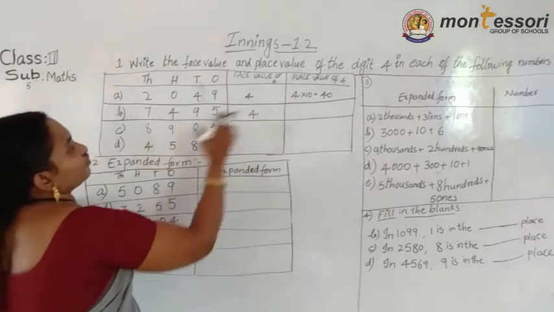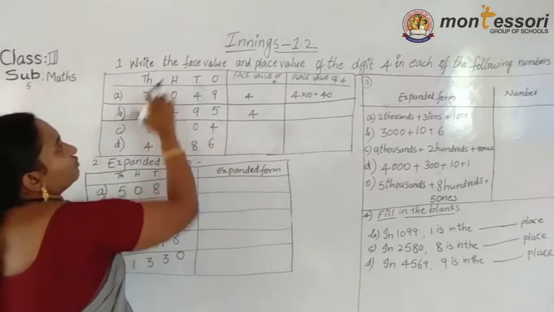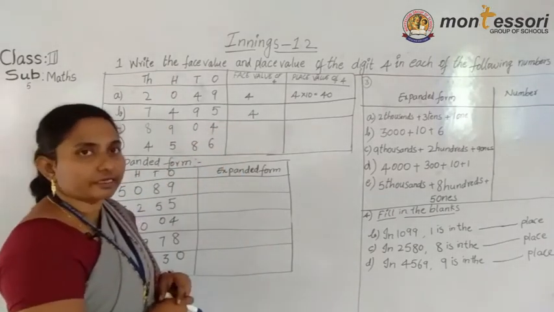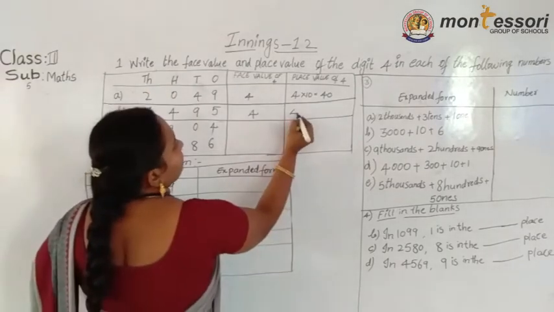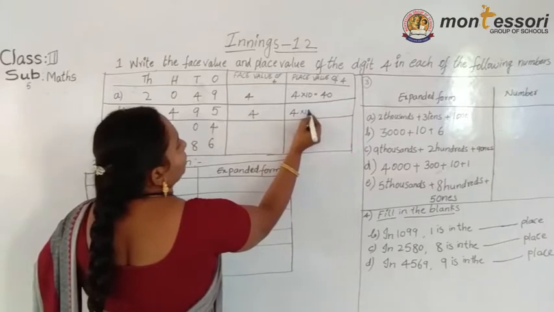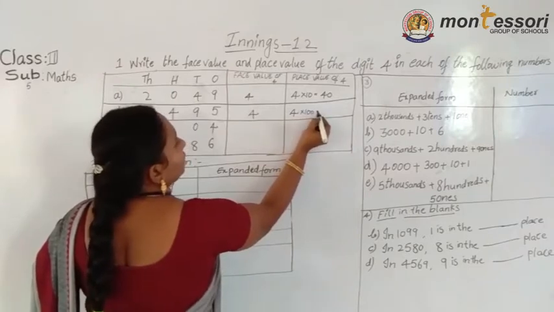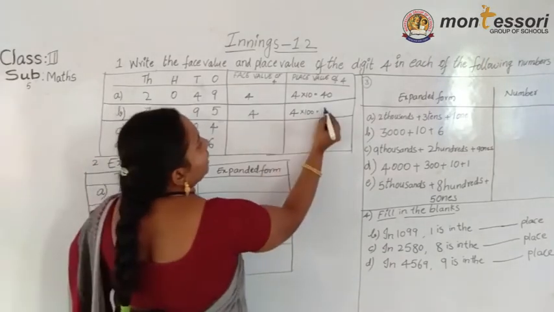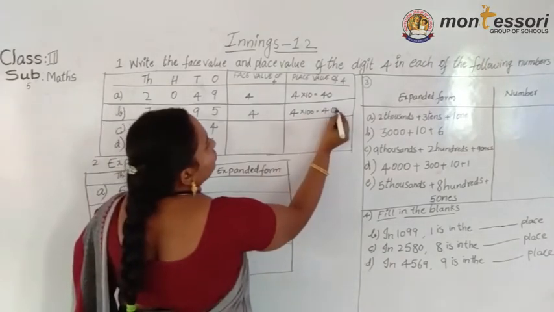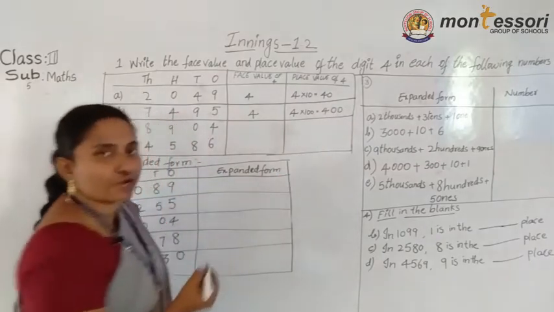Next, place value. 4 is in which place? Hundreds. So 4 into 100. 4 ones are 4, and there are 2 zeros, so 4 into 100 is 400.